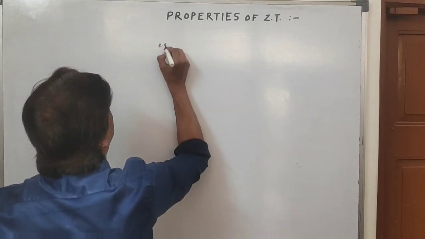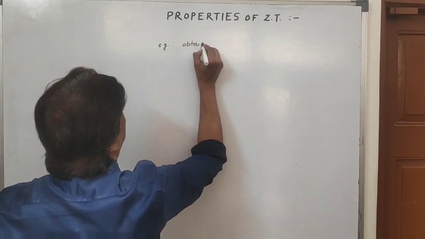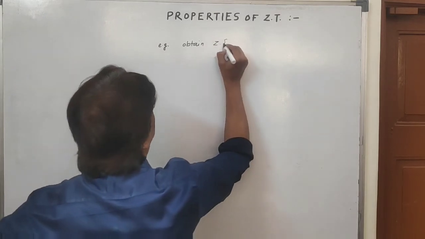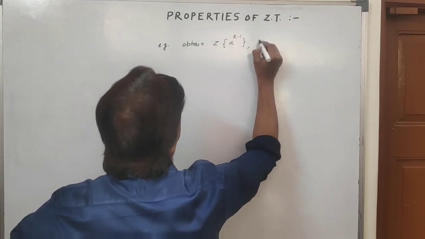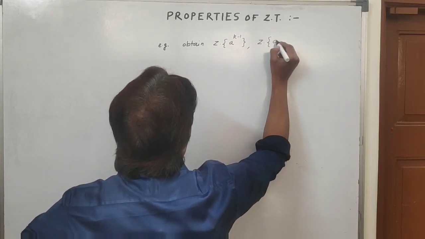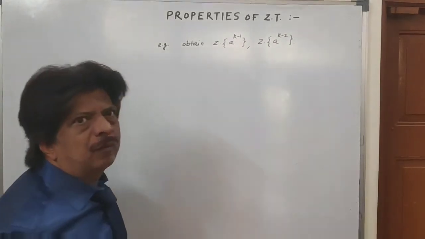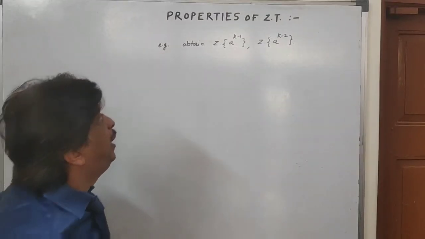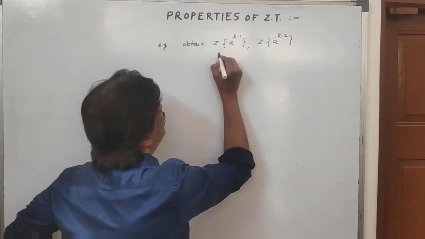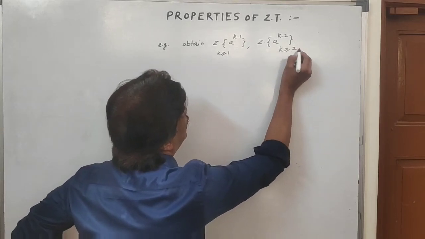For example, obtain Z transform of a raised to power k minus 1, and Z transform of a raised to power k minus 2. Here k is greater than or equal to 1. Here k is greater than or equal to 2.